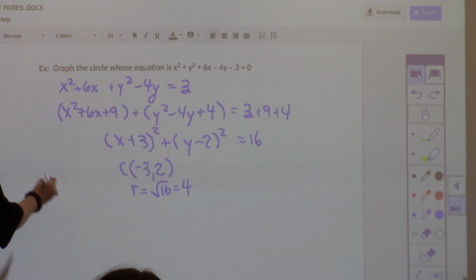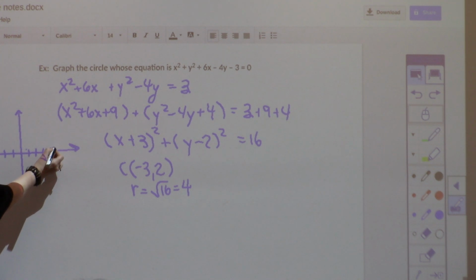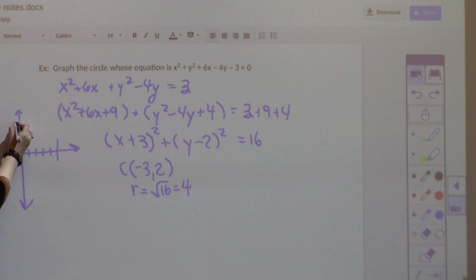So to graph this, all we really have to do is go back 3 and up 2. So -3, 2 puts the center right here, and then we simply go over 4 from this point.